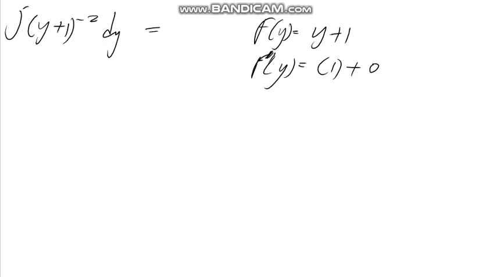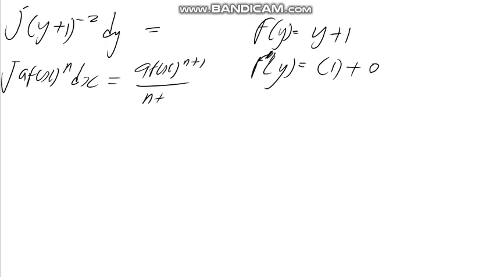Then we'll just go back to the formula. The formula says the integration of a f of x to the power of n dx is equal to a f of x to the power of n plus 1 over n plus 1, multiplied by 1 over f prime, and then you add plus c, obviously.